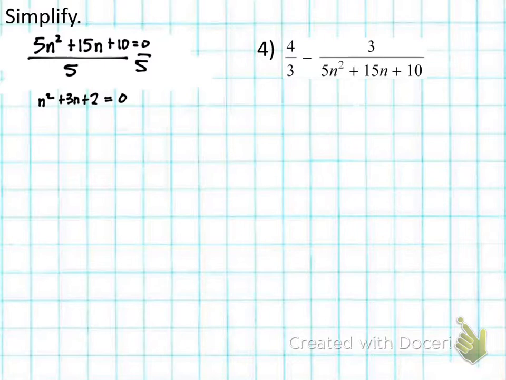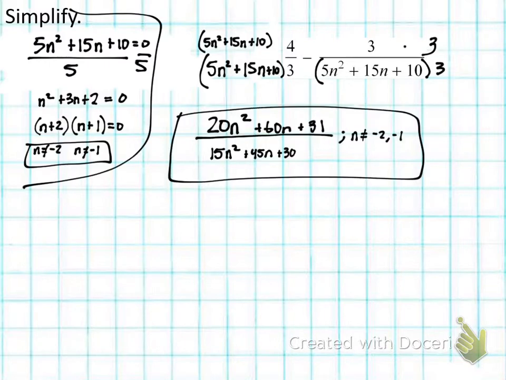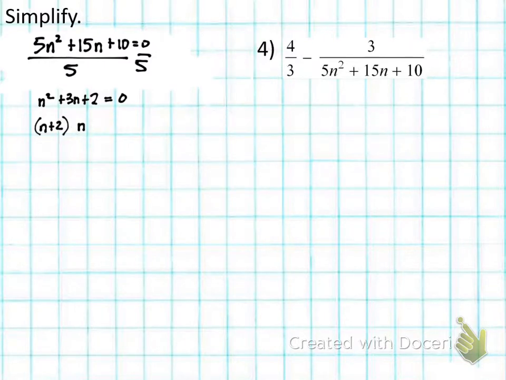What is the factored form of this? n plus 2, n plus 1. So these are my excluded values.